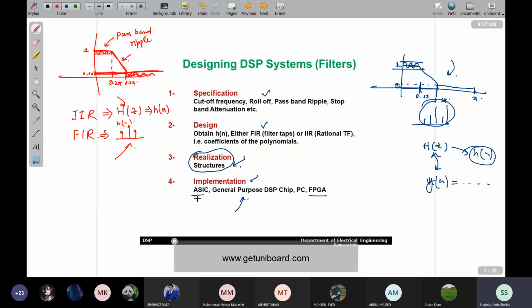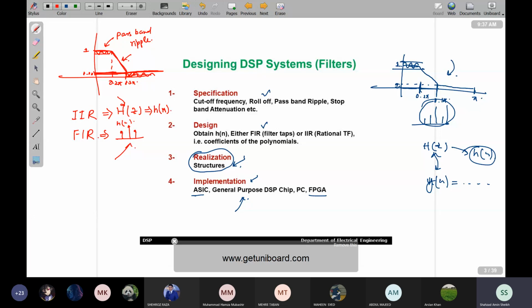And finally, in the context of implementation, on the path between designing and implementation there is one thing, and that is structures. We will be talking about structures in this chapter, but what about implementation? Implementation is a hardware specific or application specific thing. You can implement my filter using ASIC, application specific integrated circuits. You can implement it using general purpose DSP chips. You can implement it through C or MATLAB code on the PC.